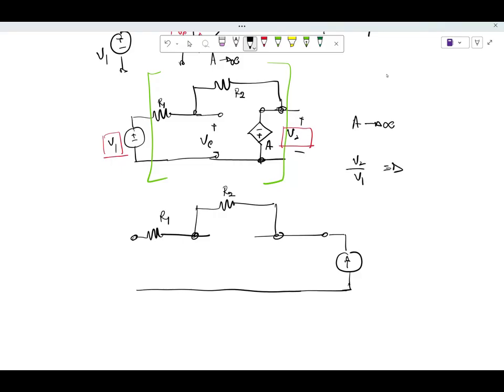This corresponds to I2 hat. You excite port 2 with I2 hat, and you observe the current in port 1.